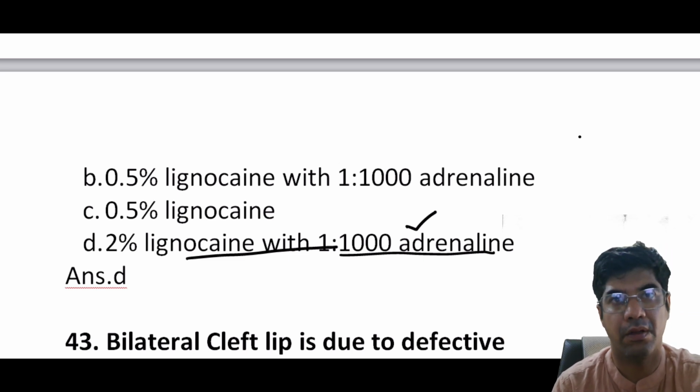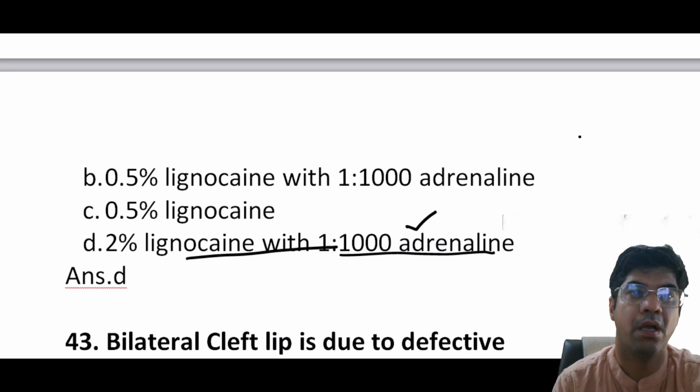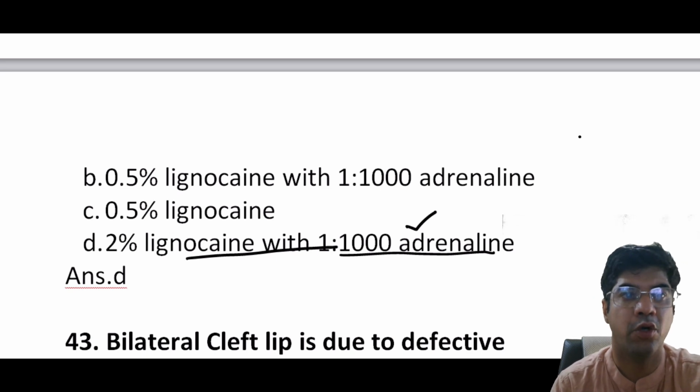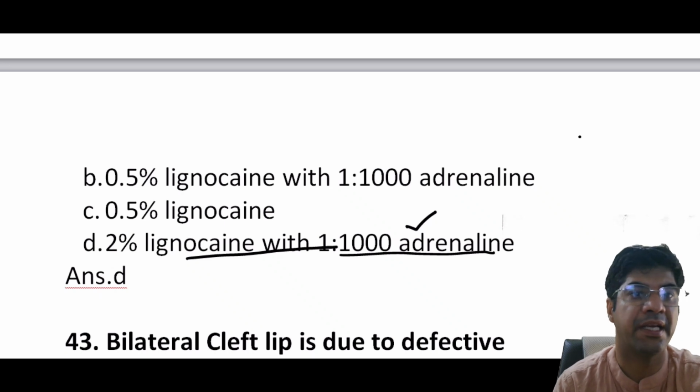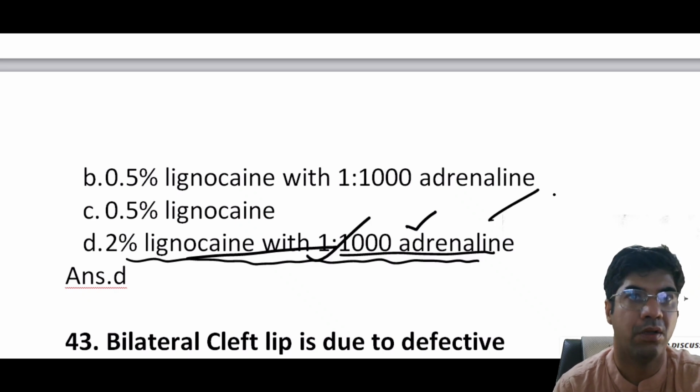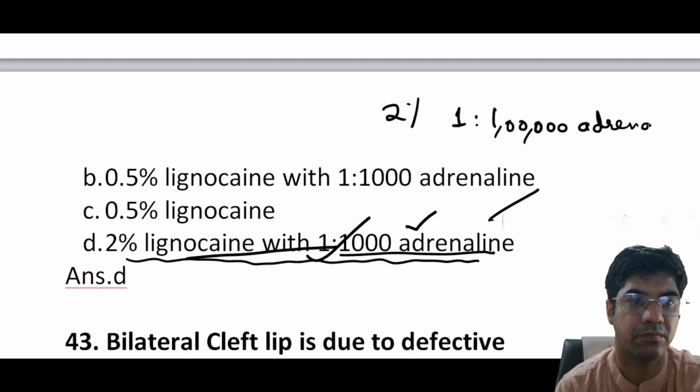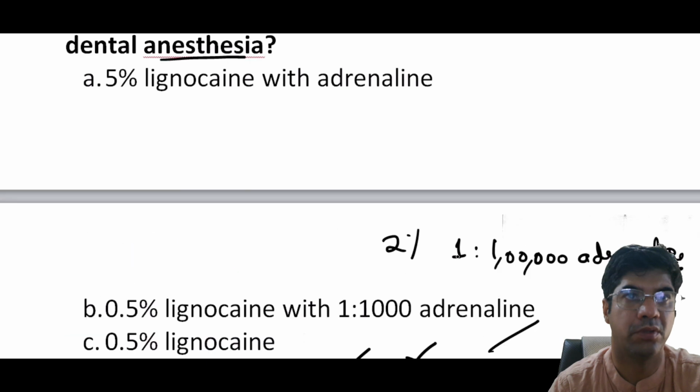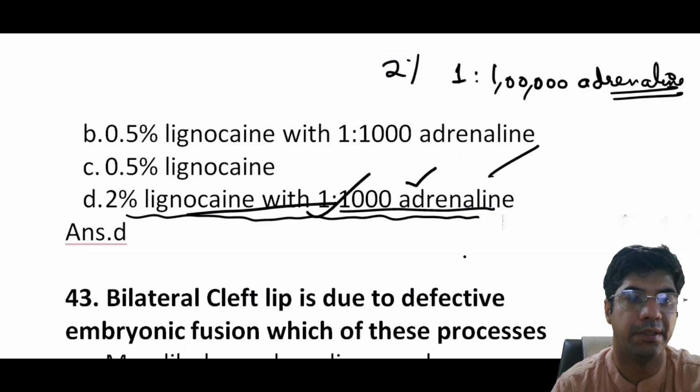We often combine lignocaine with adrenaline to prolong the anesthetic effect, and apart from that, to control bleeding through vasoconstriction. The most common we use is 2% lignocaine with 1:1 lakh adrenaline. So the answer would be D.